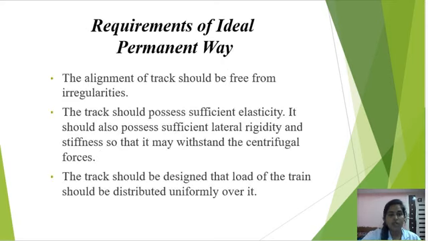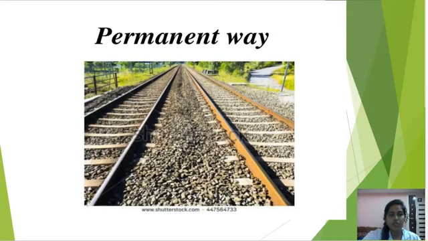So what are the requirements of this permanent way? That is, the ideal permanent way. To make the permanent way ideal, some requirements are needed. The first requirement is the alignment of the track should be free from irregularities. Alignment is from the starting point to the end point.